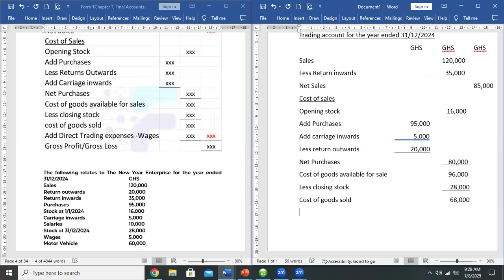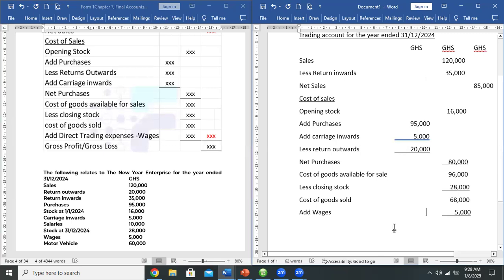Then finally we add the direct trading expense. And the direct trading expense in this question, like I told you, is the wages, right? So you pick the wages, which is 5,000. So add wages, 5,000 to it. And that will give you your cost of sales now, which will be 73,000.